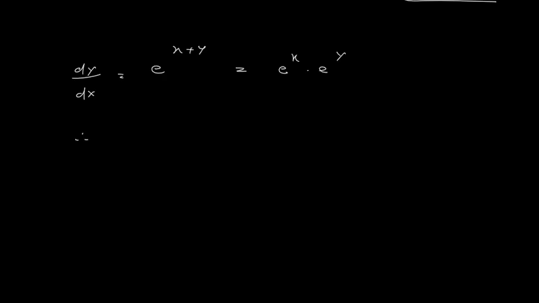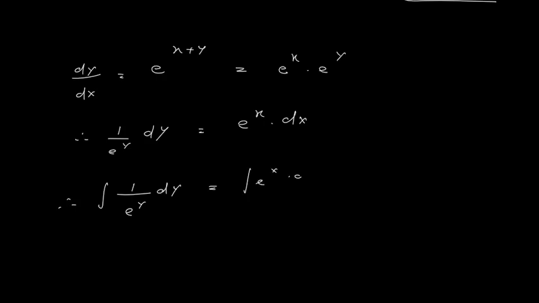So here 1 upon e power y dy will become e power x into dx. Integration of 1 upon e power y dy is integration of e power x dx, that is, integration of e power minus y dy is equal to integration of e power x dx.